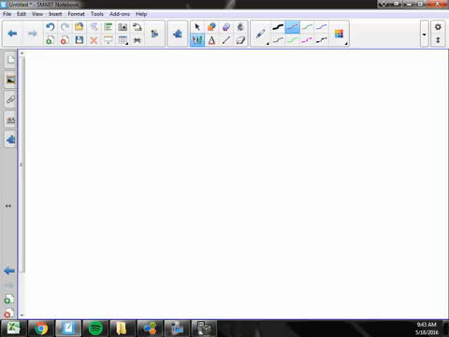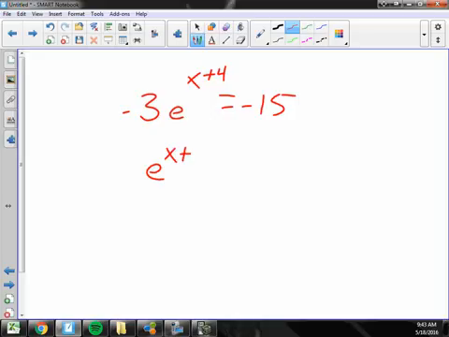Okay, where are we? 12? So negative 3 e to the x plus 4 equals negative 15. We're going to natural log, but not yet. Divide by negative 3. So e to the x plus 4 equals 5.